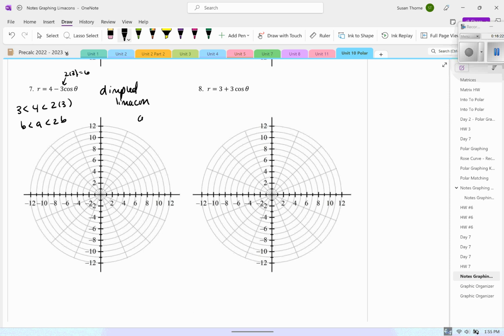And my maximum r value, A plus B, again, it's the absolute value of these. So 4 plus 3 is 7, and A minus B is equal to 1. So this is cosine and it's negative. So we're going to go 7 in the negative direction on the polar axis, and then 1 on the other side. And then the other intercepts that we have are plus or minus 4. And so this, again, makes a little bit of a heart shape because it's a dimpled limacon.